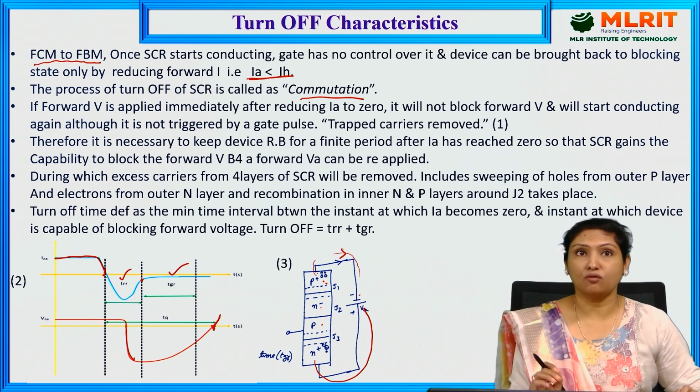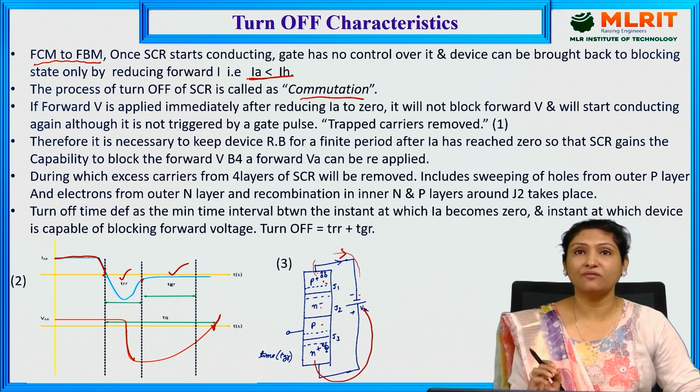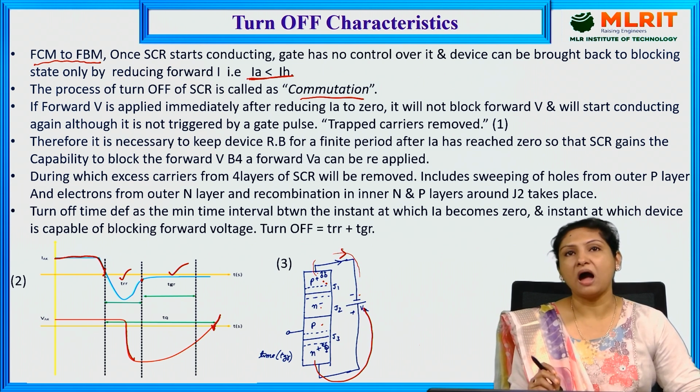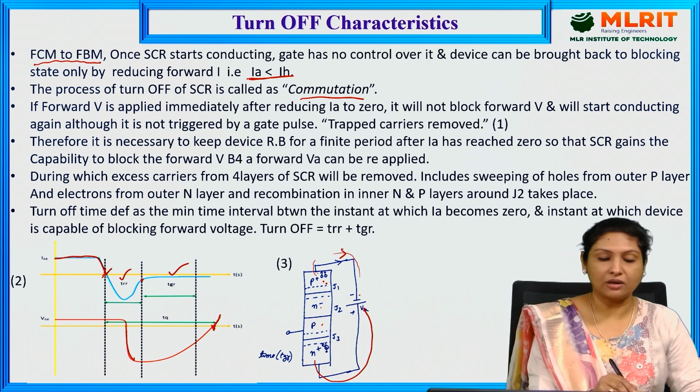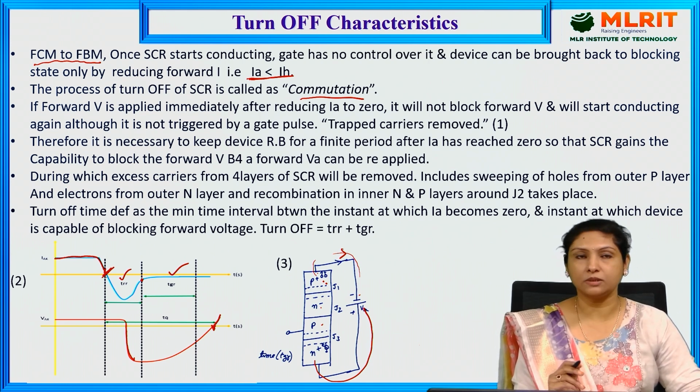So therefore, it is necessary to keep the device in the reverse bias state for a finite period of time after anode current has reached zero, so that the SCR gains the capability to block the forward voltage before a forward voltage can be reapplied.